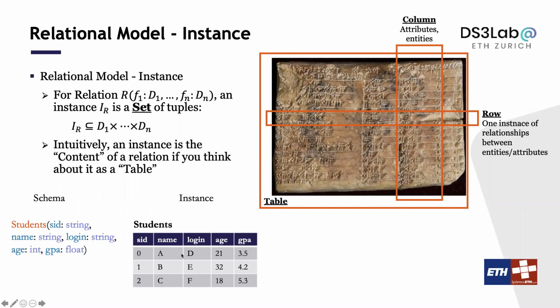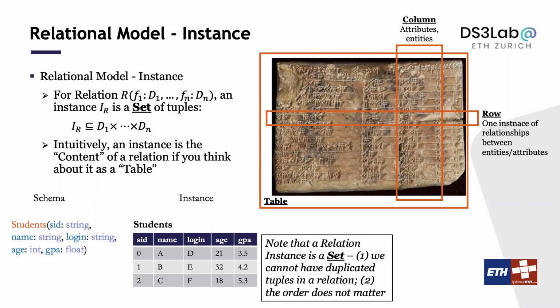And if you look at this, you can see each of these values, like 3.5, satisfies the domain constraint specified in the schema. It is a floating point, okay? That's what we define here. If you look at the age, it's an integer. It also satisfies the constraint we specified in the schema. So this is one example relation instance.